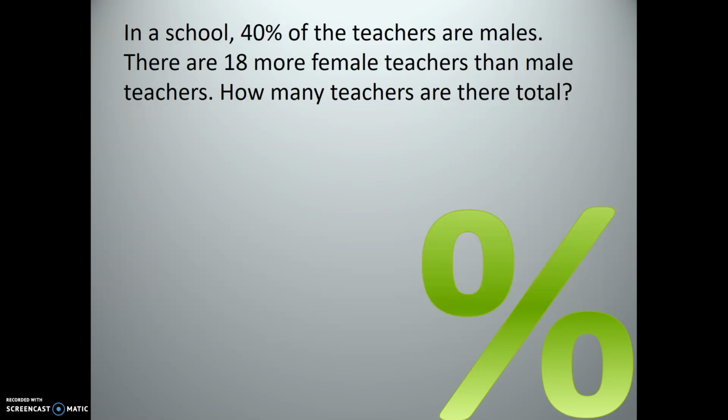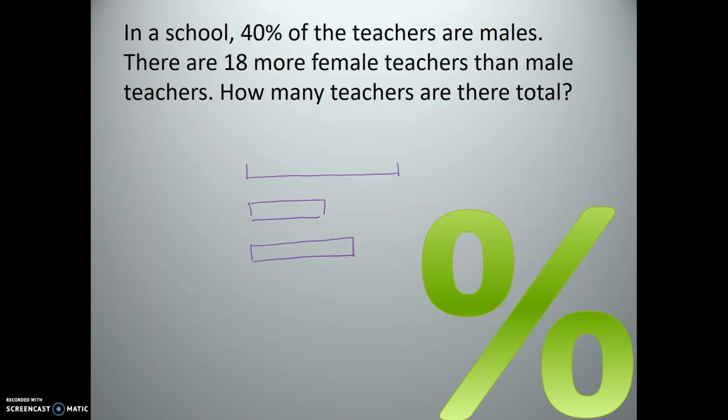Okay, in a school, 40% of the teachers are male. There are 18 more female teachers than male teachers. How many teachers are there total? On your notes, I believe you have something written like this, where you have a ruler, and then you have a bar underneath, and another bar underneath that.